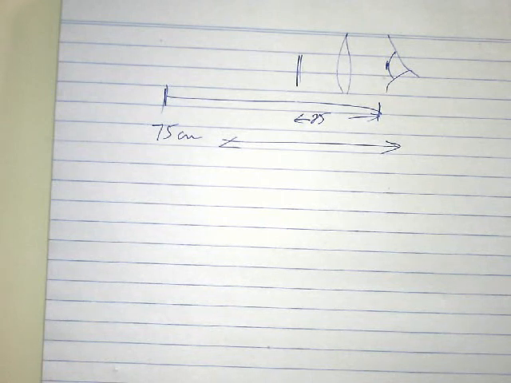So what it's trying to do is optically make the object appear like it's at 75 centimetres. So it's effectively got to throw it out there so that he can make it look like it's out there.